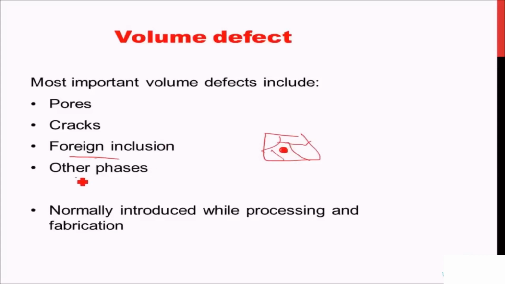And there can be other phases present which should not be there, right? And what are the causes of volume defects? Volume defects mainly occur during the processing and fabrication stage itself. So once it is introduced in the material, it stays in the material. Also, problems like cracks can occur due to usage. Continuous usage can lead to crack formation.